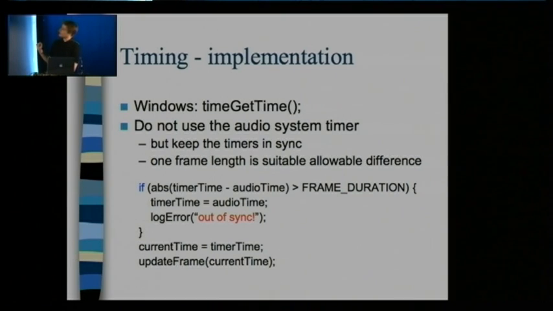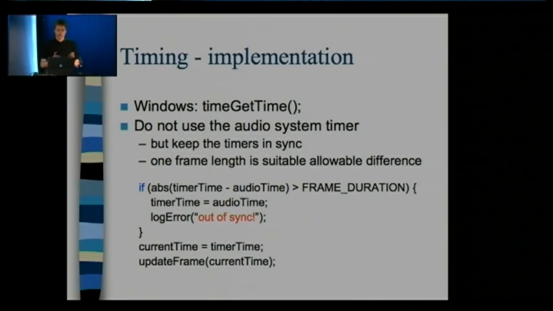And if they are too far apart, then I will just force the timer time to be the audio time. So you might get a small choppy movement for like 1 frame. It doesn't really matter at all, but it will keep your visuals in sync with the music.